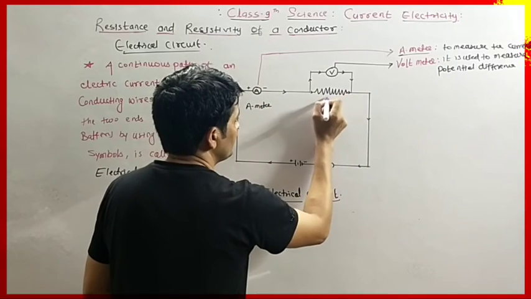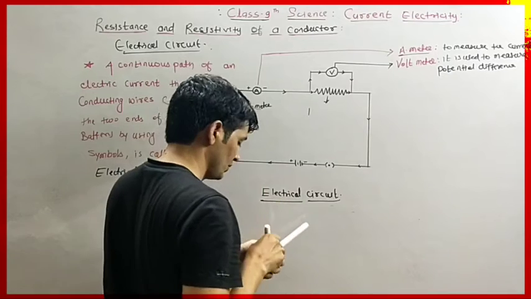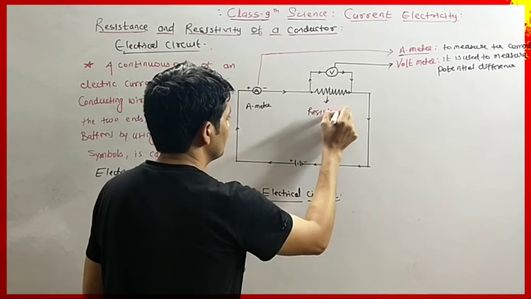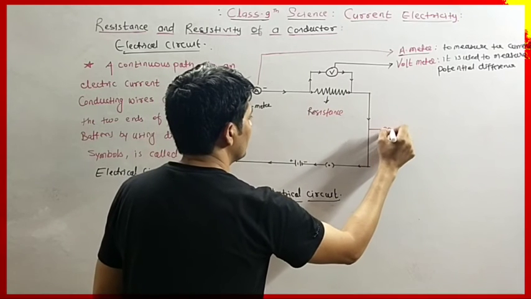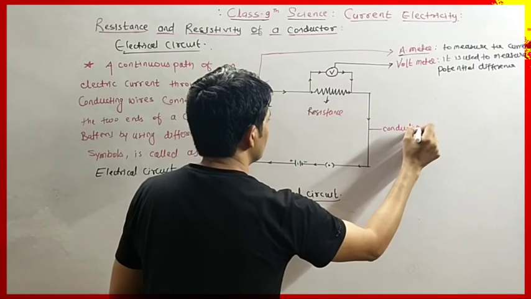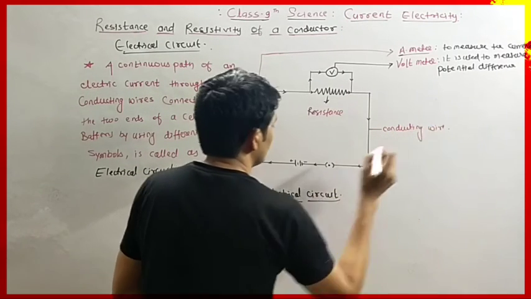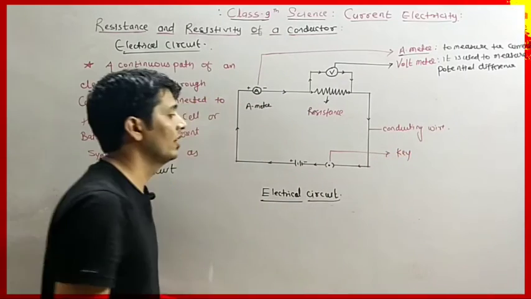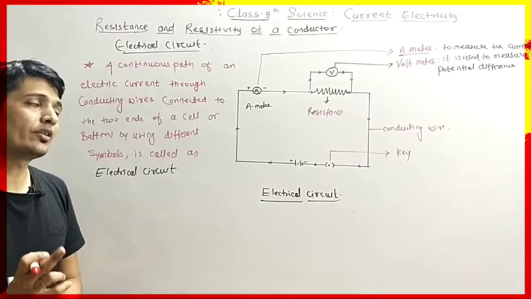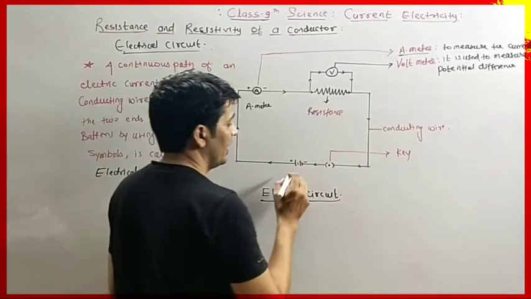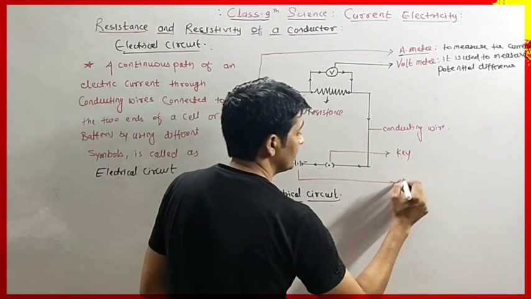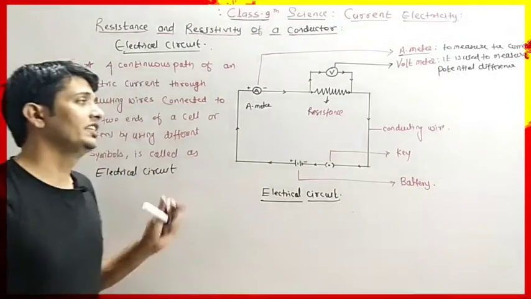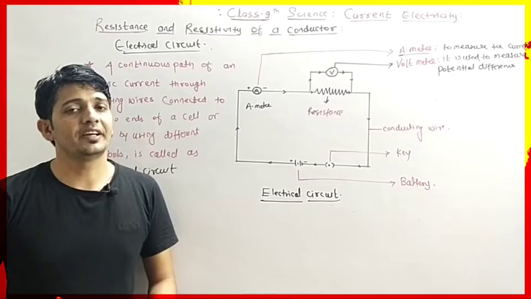It is the resistance. It is the conducting wire. It is the key, so that according to your wish you can switch on or switch off the flow of current. And it is the battery.